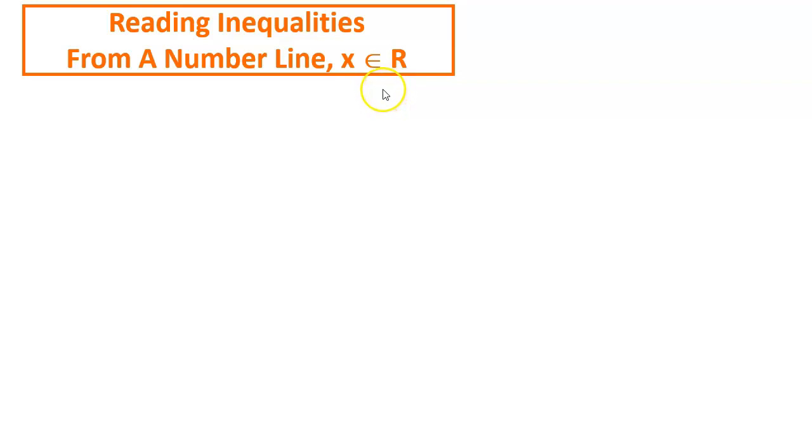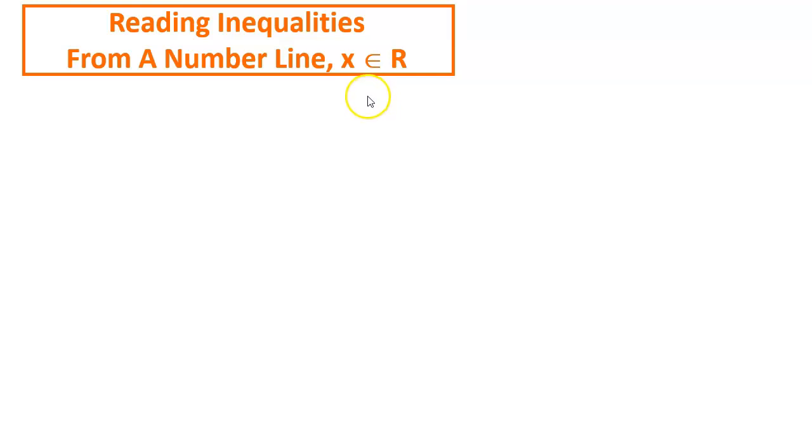But in this case, the number line representation will be given to us and we have to write the inequality in some notation form. Okay, and we will be learning how to write that inequality. That is the topic of our today's session. Okay, so let's start with our today's session and stay tuned till the end.